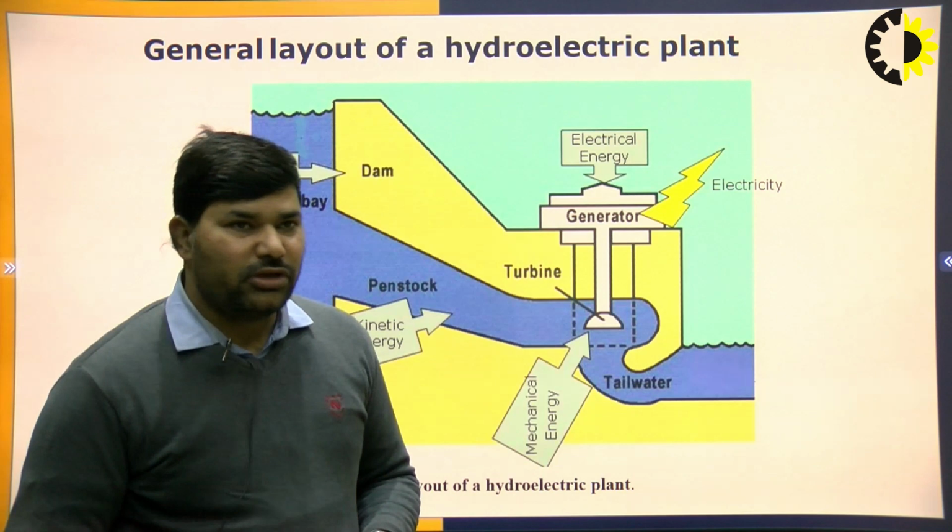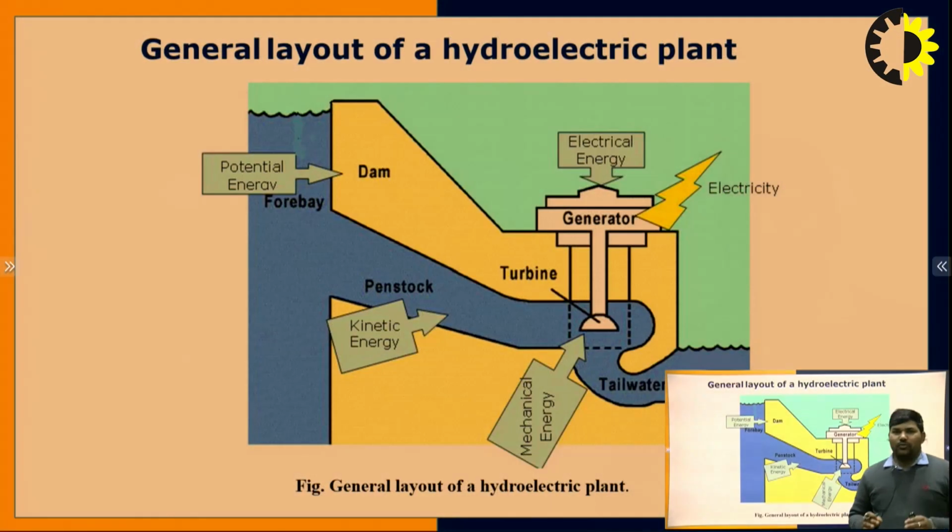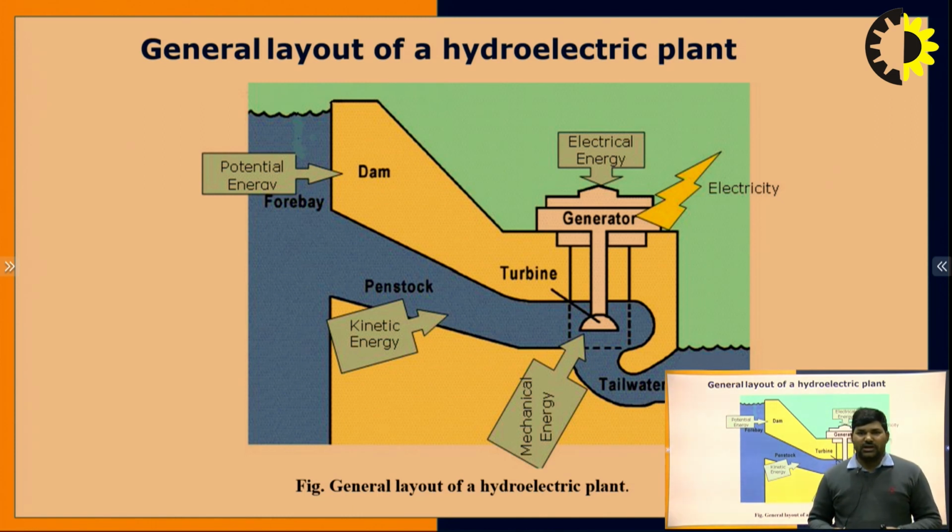Now, come to this, you can see here the hydraulic power plant. If we produce electricity with the help of water, we can say that is a hydraulic power plant. It is possible where there is a hill area.